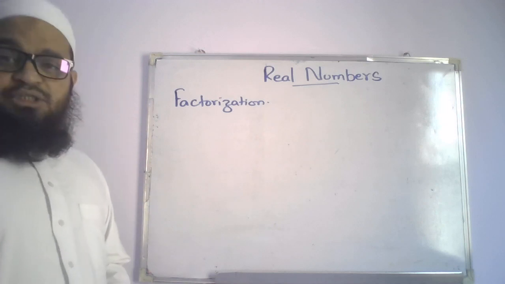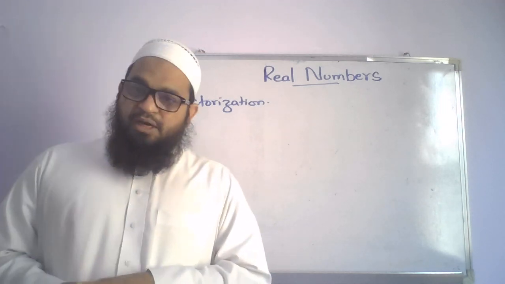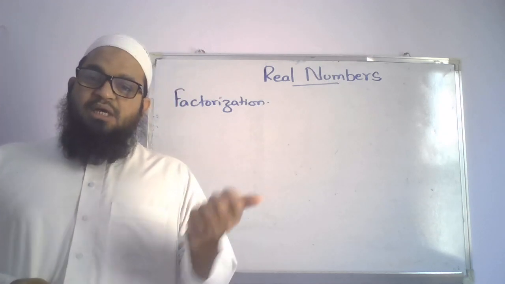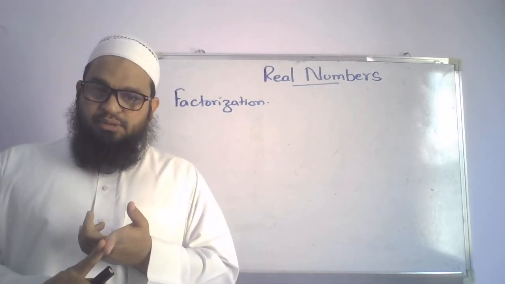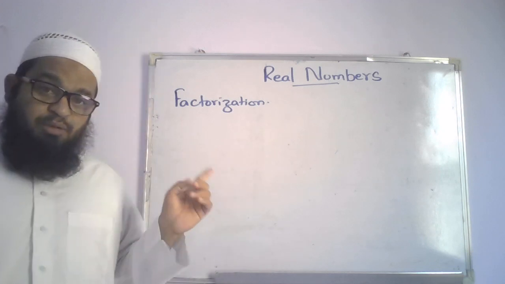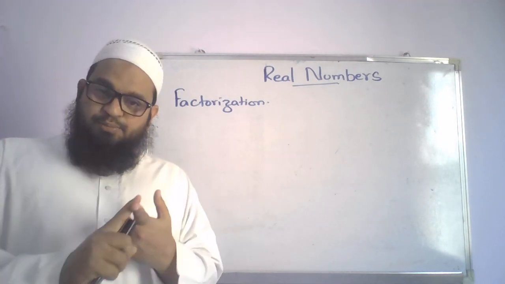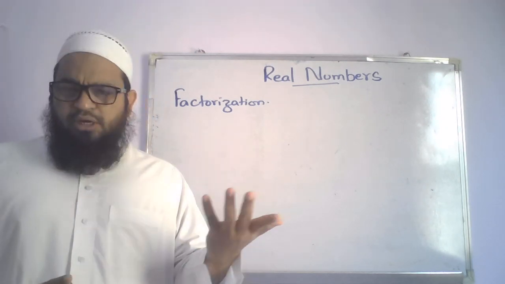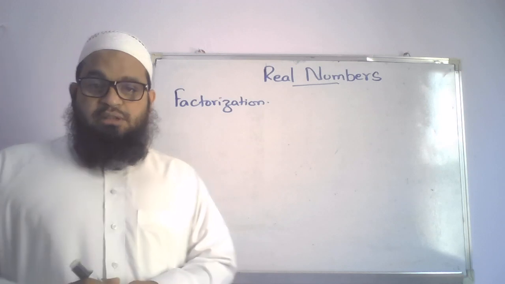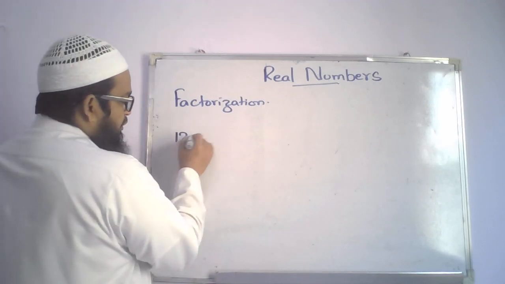Factorization is the way in which we express the given number as a product of numbers. If you express any given number as a product of two or three or four numbers, then it is called factorization. For example, if you take the number 12, I can write the factorization of 12 as 2 times 6.